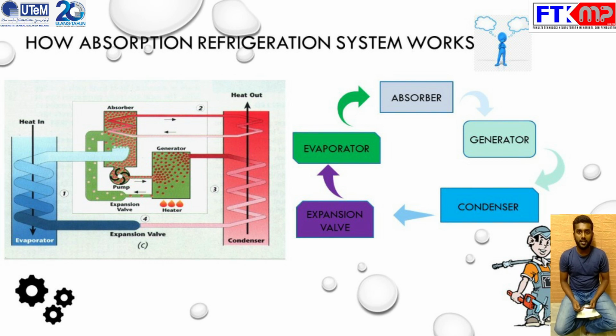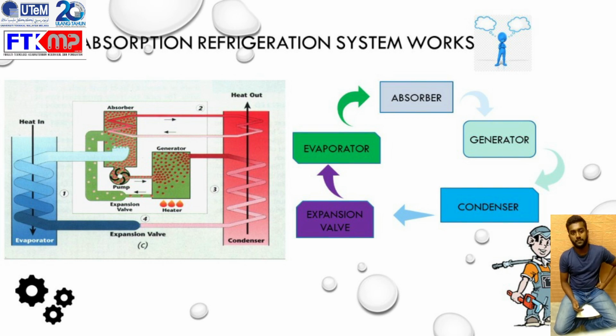The high pressure and high temperature refrigerant enters the condenser where it is cooled by coolant, and next it enters the expansion valve, and then finally into the evaporator where it produces the cooling effect. Lastly, the refrigerant is then again absorbed by the solution in the absorber.